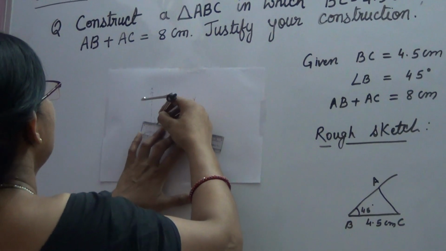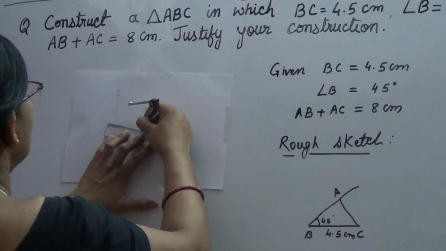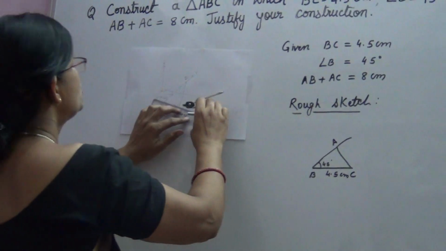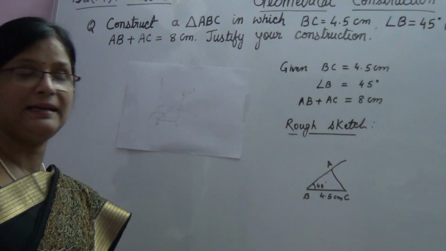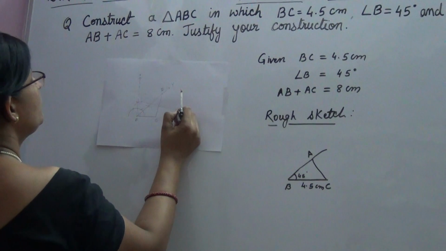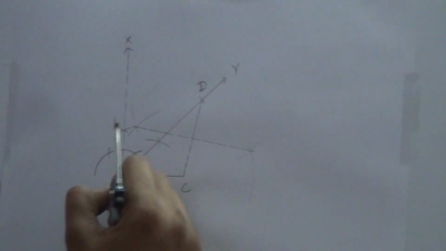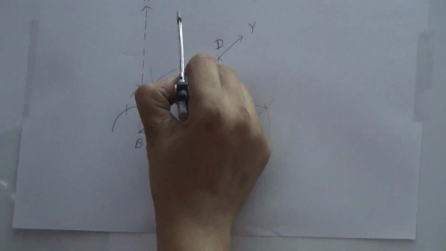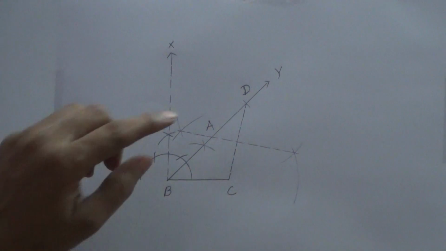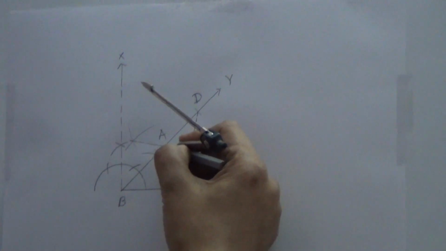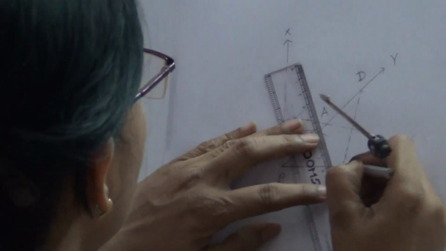This is also not the main side of the triangle, so that's why we are going to join these 2 points using a dotted line. Now we have got this perpendicular bisector has bisected BY at a point which we will name as A. Now this point A is one of the vertices of the triangle ABC, and now we will join AC.